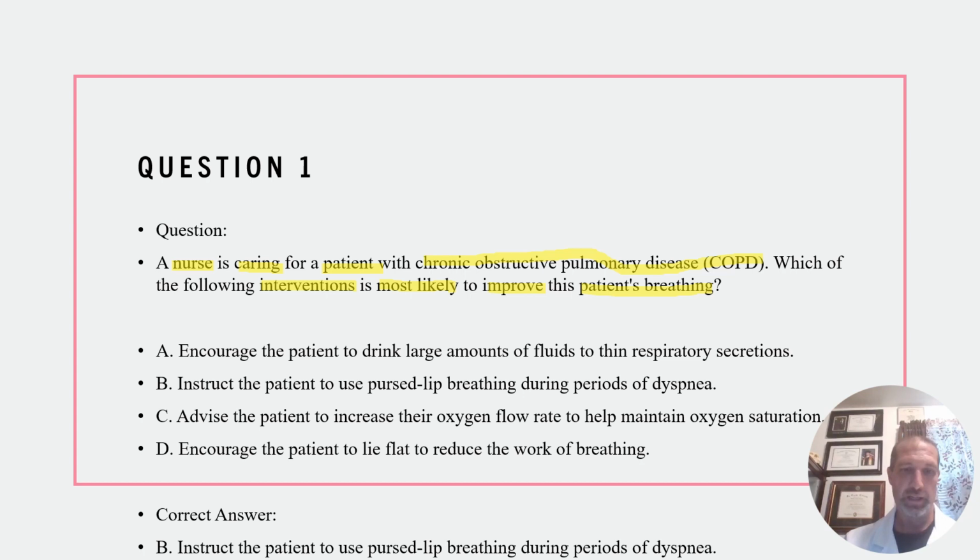B, instruct the patient to use pursed lip breathing during periods of dyspnea. C, advise the patient to increase their oxygen flow rate to help maintain oxygen saturation. D, encourage the patient to lie flat to reduce the work of breathing. All right.